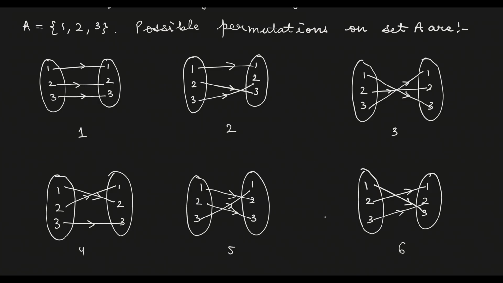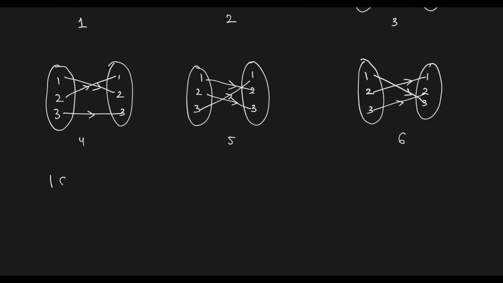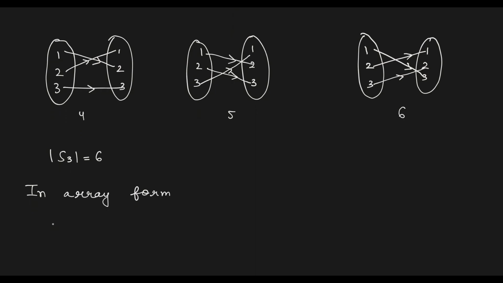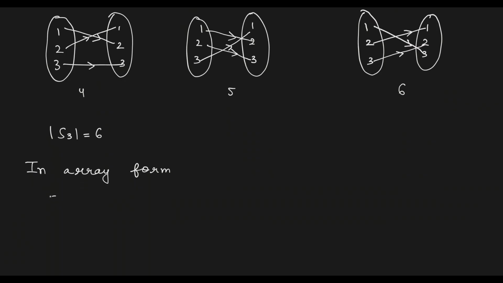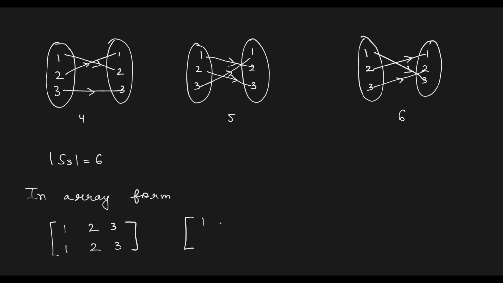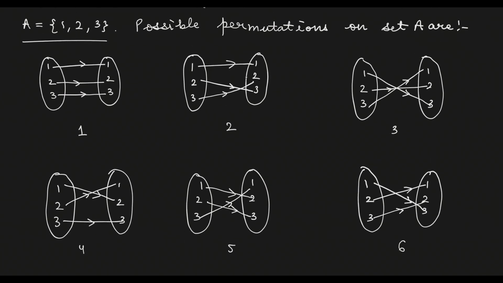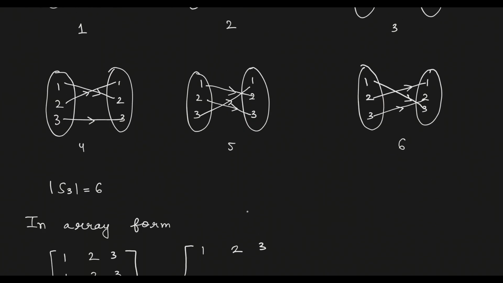So only these 6 possibilities are possible for this set A = {1, 2, 3}. So the order of S3 is 6. Now I can write this in array form also. First, 1 is mapped to 1, 2 to 2, 3 to 3. Next, 1 to 1, 2 to 3, 3 to 2.